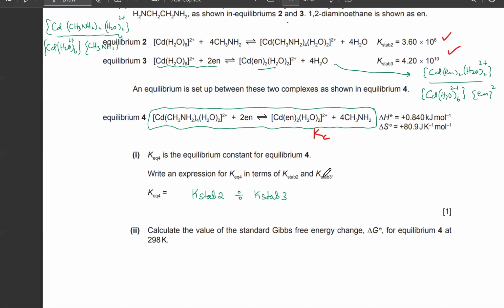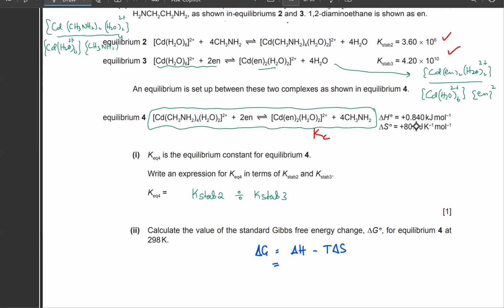Okay. And then this one, calculate the value of Gibbs free energy delta G for equilibrium 4. So how do you calculate delta G? Delta G, if you remember, was delta H minus T times delta S, right?